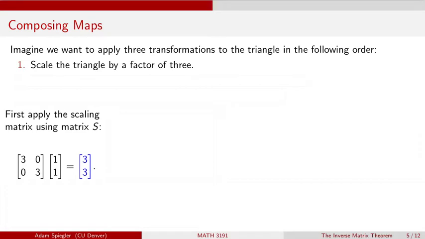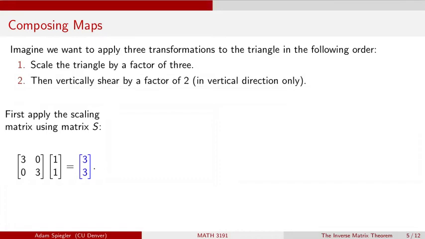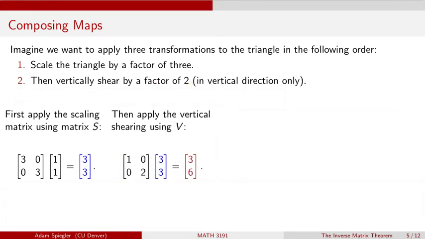And now we're going to compose this map with the two others. So let's say we first scale this triangle by a factor of 3. And then after applying that map, we next vertically shear that triangle by a factor of 2 in the vertical direction. So that means we're going to apply this matrix V, which was the first column 1, 0, and the second column 0, 2, to now, since we're composing maps, the output of the previous transformation.